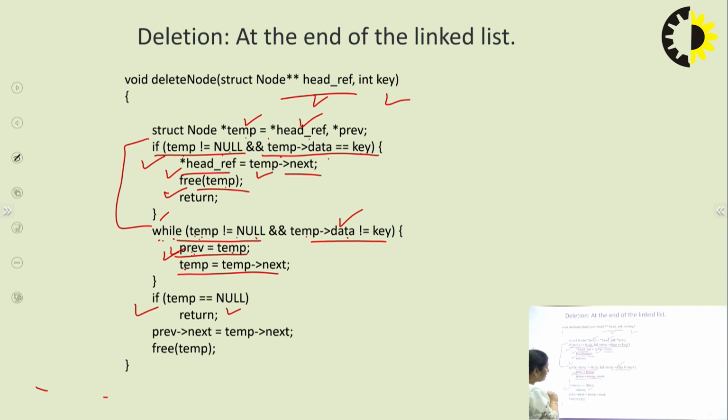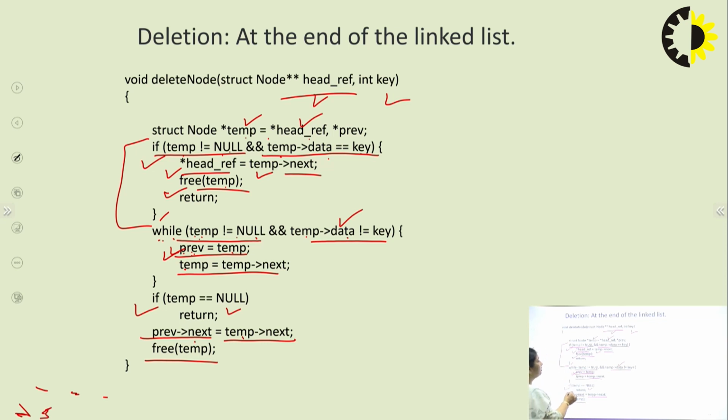In that case, in previous we have the address of the previous node. So previous next will be temp next. It means the next of temp will be the next of previous. It means the link of temp has been deleted, it is disconnected from the linked list. So we simply free temp.